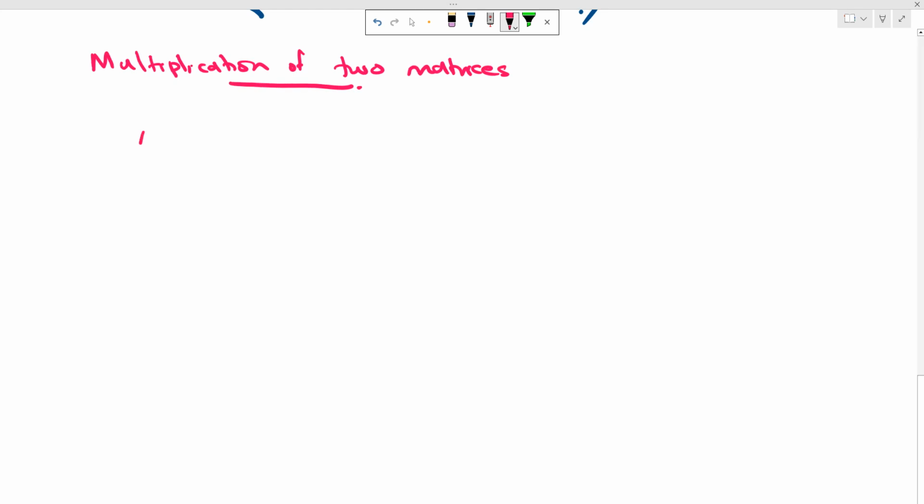Compatible in the sense, for example, let's say we have a matrix A whose dimension is m cross n, and we have to multiply this matrix with another matrix B whose dimension is n cross p. In this scenario only we will get AB, and then the dimension of the resultant matrix will be m cross p.